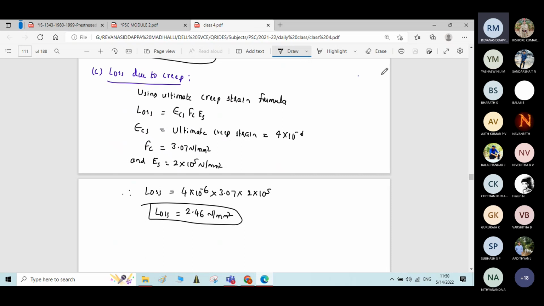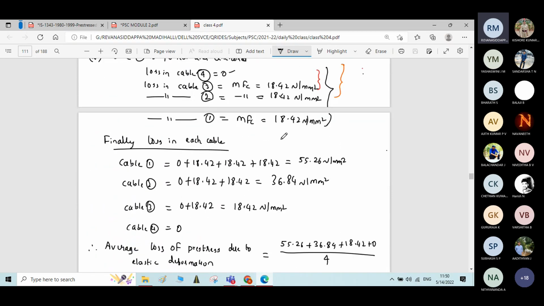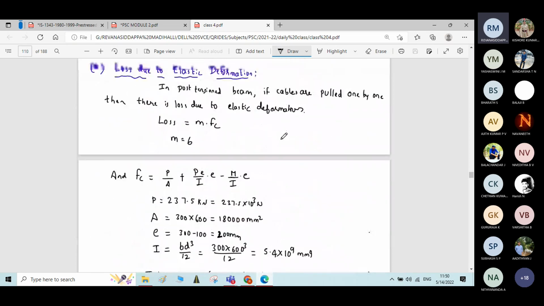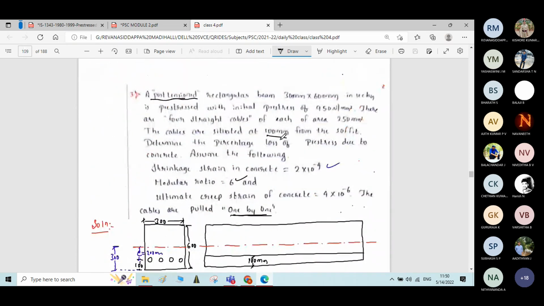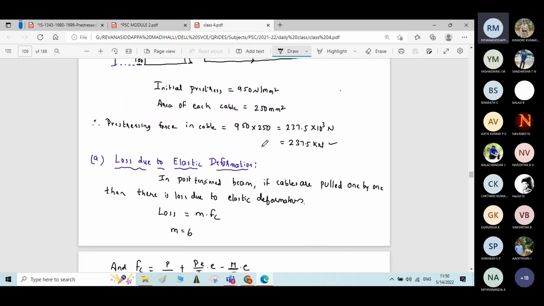What are the remaining losses? Loss due to relaxation of stress in steel is there, but in the problem there is a lack of data. Percentage relaxation of stress is not given, so if it is not given, we cannot calculate it. Leave that particular loss.